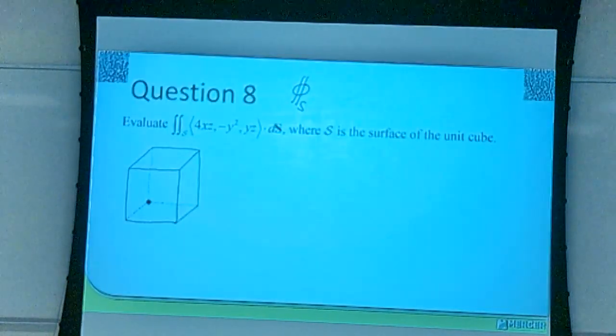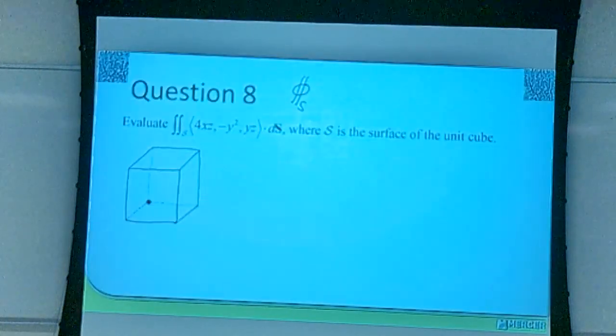If it's discussed at all, it would be discussed in intro E&M, because when you calculate electric flux, like charge on a sphere, that's probably where you've seen it.